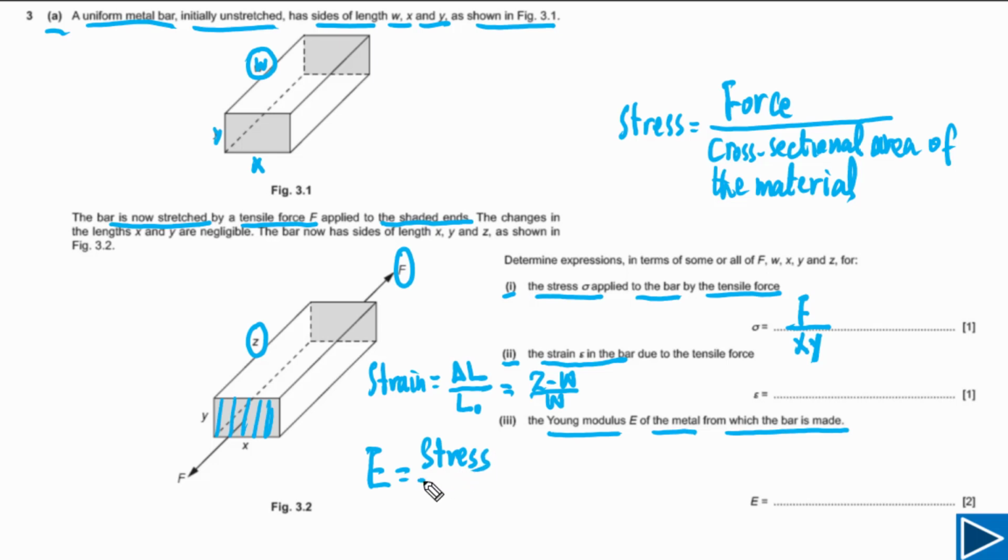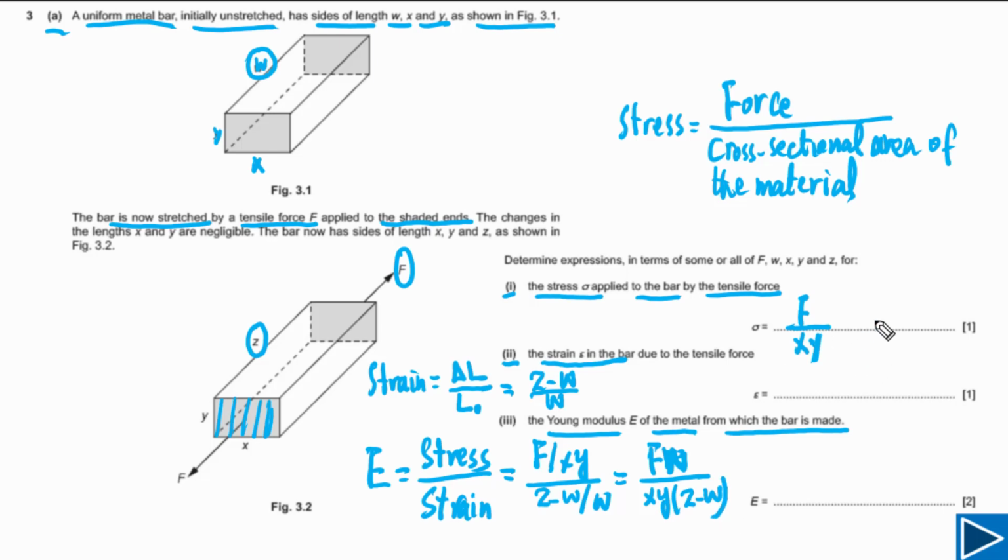Stress and strain we have already calculated, so stress is F over XY, divided by strain, and strain is Z minus W divided by W. Now if we simplify this, it will be FW, because original length is W. So this will be equal to FW divided by XY times Z minus W. So this is how you can calculate.